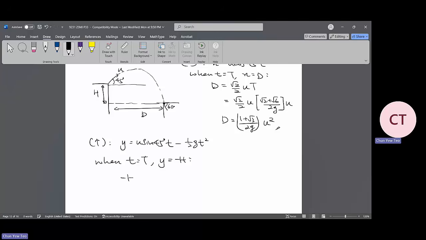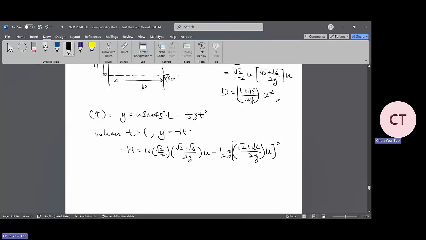So it will be negative h equals u√2/2 times T, minus the half g T squared. The T will be (√2 + √6)/2g times u, and then the whole thing squared.